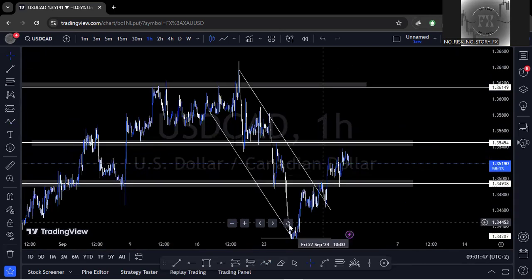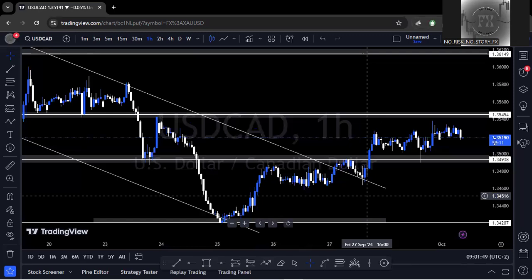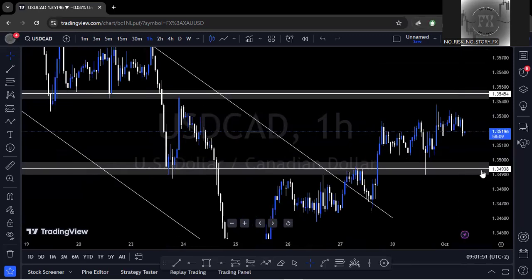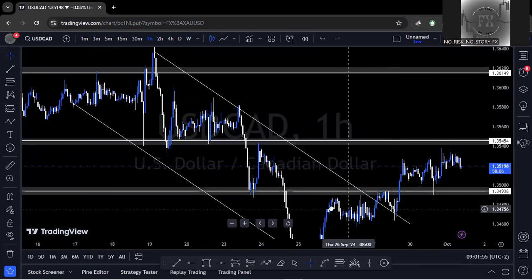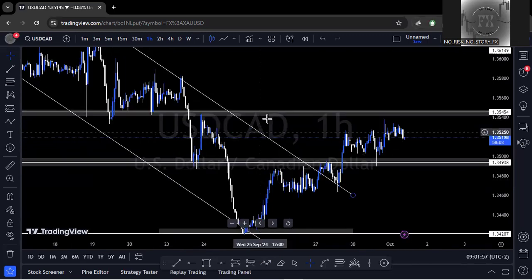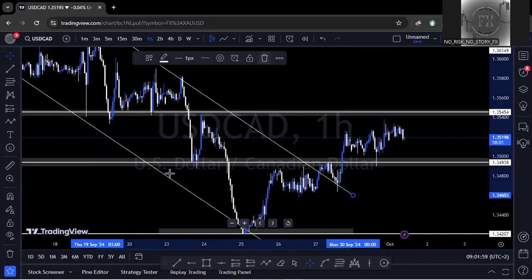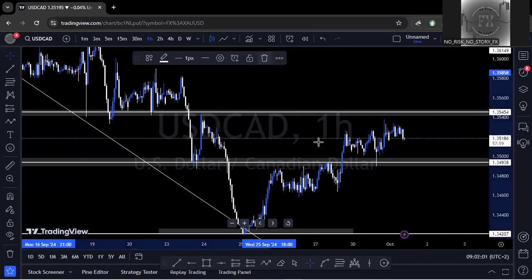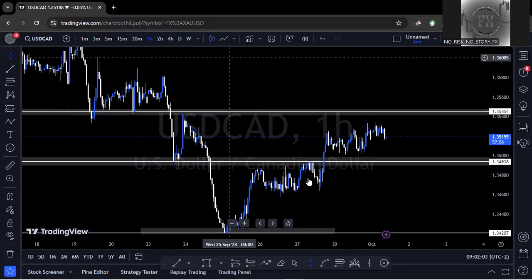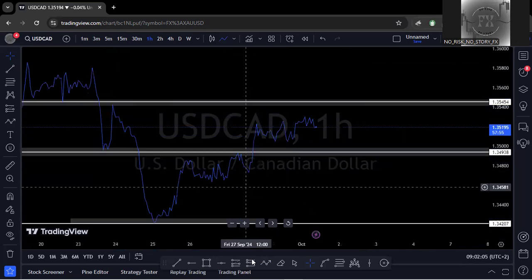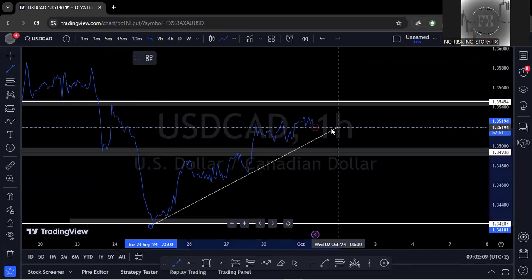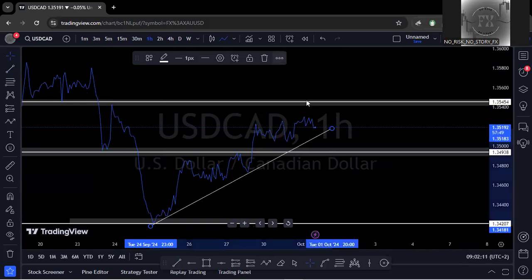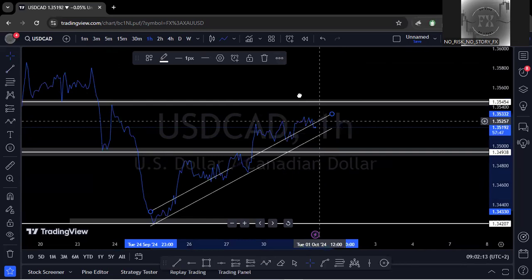And also we currently broke out of this bearish trend, right? So this one is no longer applicable to me because we broke it. So yeah, now we are currently in this bullish trend here. This new looking bullish trend.